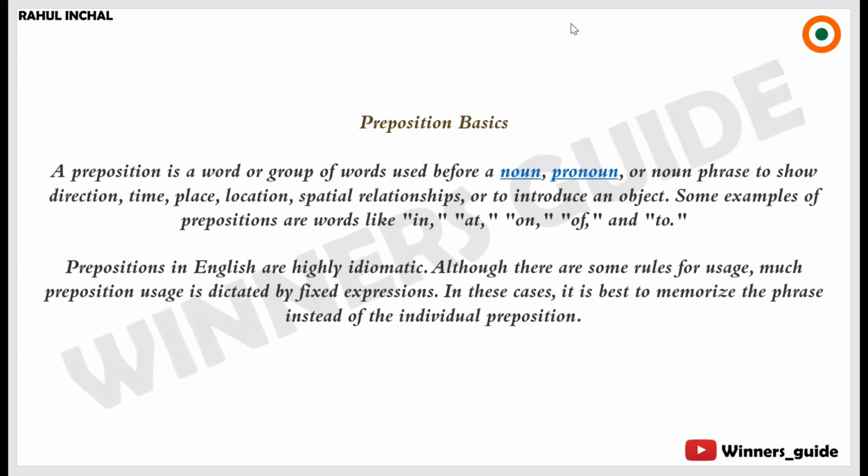Before moving ahead to the definition directly, let's look at a few examples and understand what a preposition basically is. There is a cow in the field. That's the first sentence.